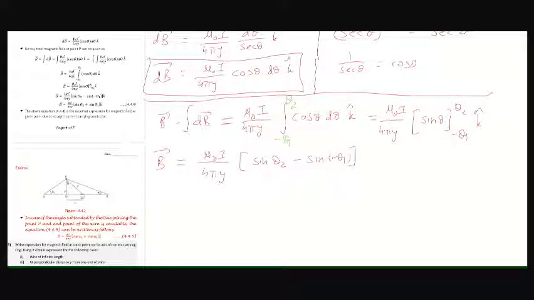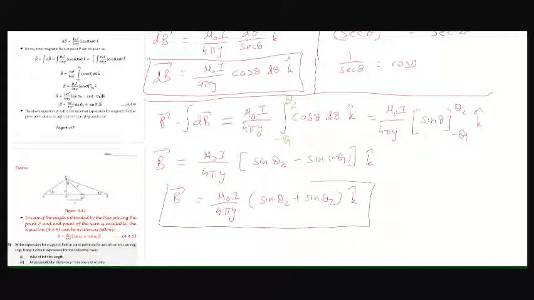But in case of sine, we can write this equation as mu 0 I by 4 pi y, sine theta 2 plus sine theta 1, possible only if it is a function of sine, not for the cos function. And then this is the formula for magnetic field due to a straight wire carrying current I.